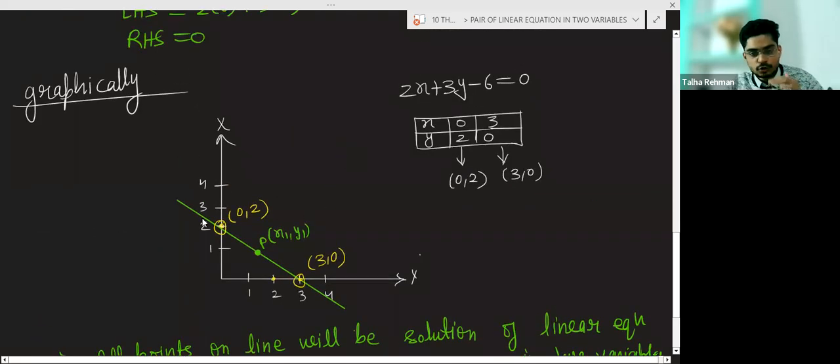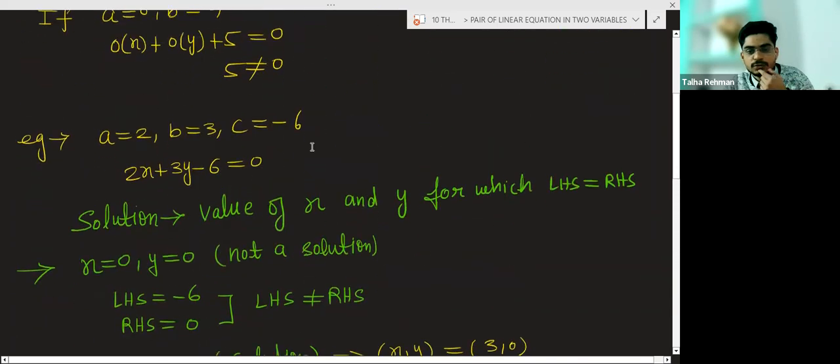Understand the geometrical meaning of the solution of a linear equation. When you plot this equation on the graph, you will get a straight line, and the points which are lying on the straight line are the solutions of this equation. What is the meaning of the solution? I told you.